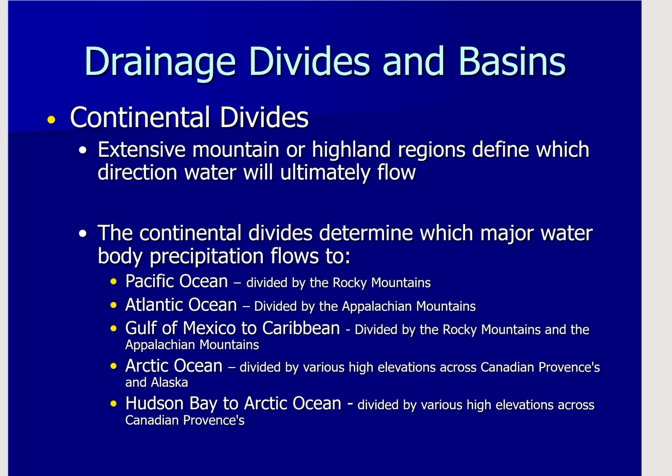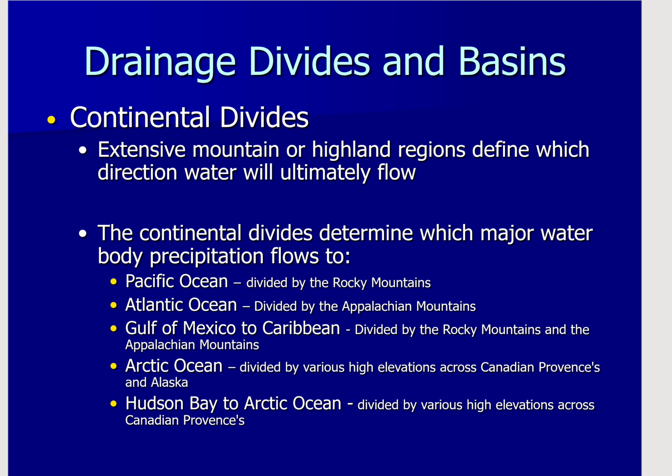So we've got many, many different pathways of river systems that make up a drainage basin that flows in a particular direction. And ultimately, when you get to the apex of any one of these drainage basins, the water then changes direction and empties into a new body of water, the Pacific, the Atlantic, the Hudson's Bay, a different body of water than the Ohio River or the Mississippi River does.